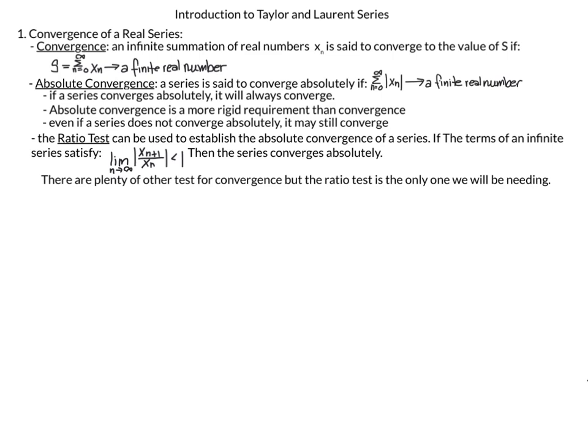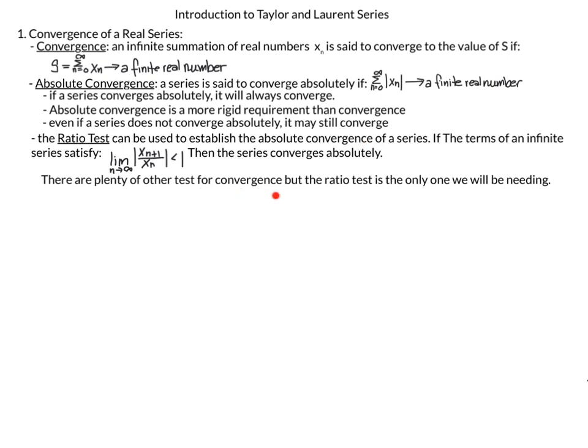If a series converges absolutely, it will always converge. And again, absolute convergence is a more rigid requirement than convergence. Even if a series does not converge absolutely, it still may converge. We have this ratio test to establish absolute convergence of a series. If the terms of an infinite series satisfy this test here, that the limit as n approaches infinity of the absolute value of x_(n+1) over x_n is less than 1, then the series converges absolutely.